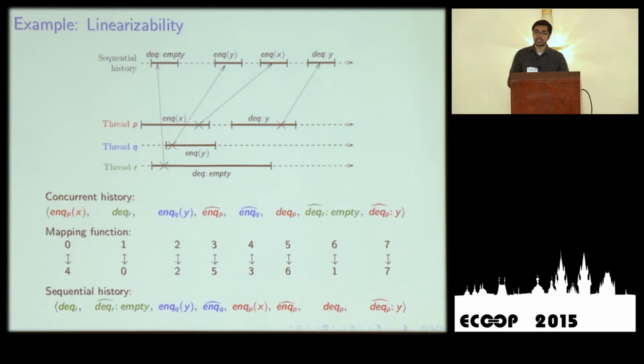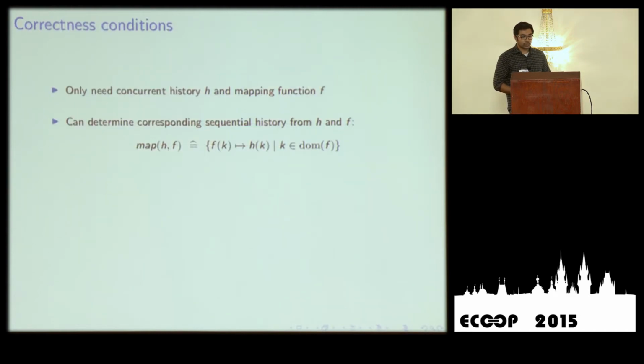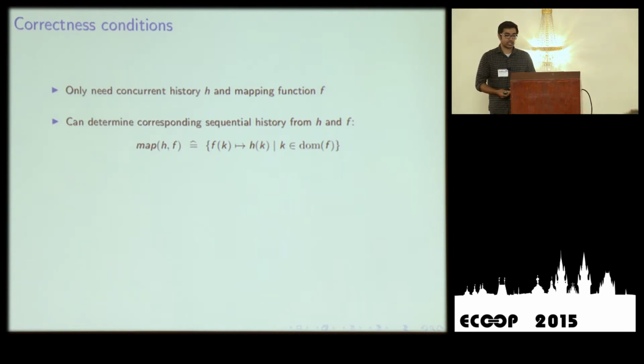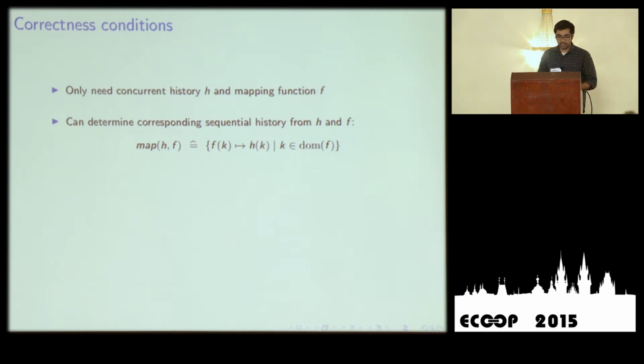Hope that's clear. Okay, so in terms of defining correctness conditions, we only need the concurrent history and the mapping function. So we can determine what the corresponding sequential history is from a concurrent history and the mapping function. And I'm just going to use this predicate map, which returns the corresponding sequential history.